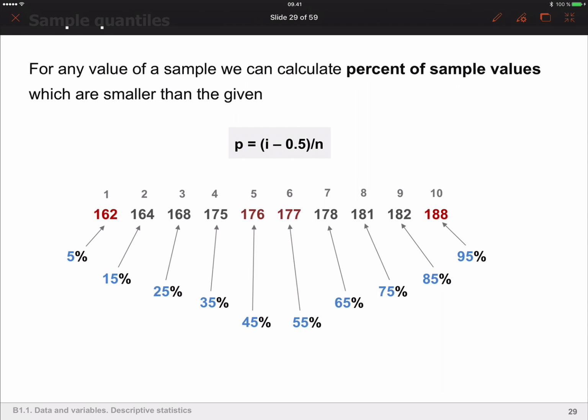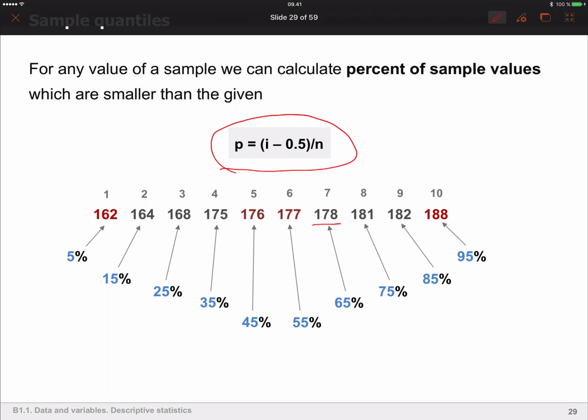If we continue all these calculations, we will get these values. So we can say that, for example, if we take 178, it means that 65% of the values are below 178.